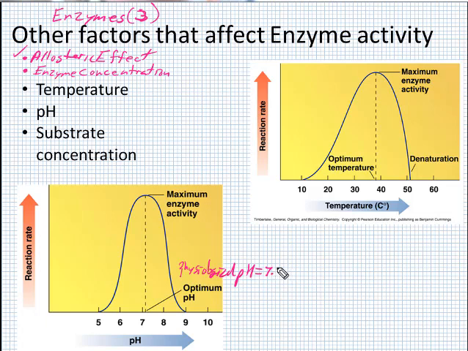So I'm going to say it's 7.3 to 7.4. So sometimes you'll hear them report the average is 7.35. That's physiological pH. So that's what they're talking about here. Now, it turns out each enzyme has its own pH optimum. They're just showing that this enzyme works best when the pH is 7.3.